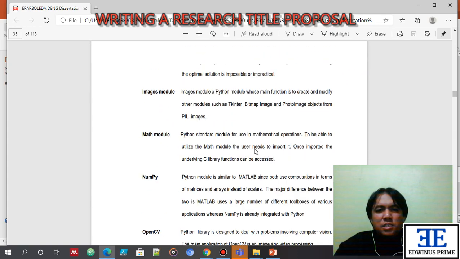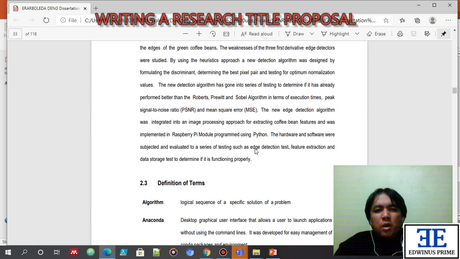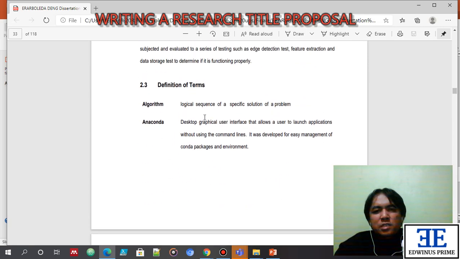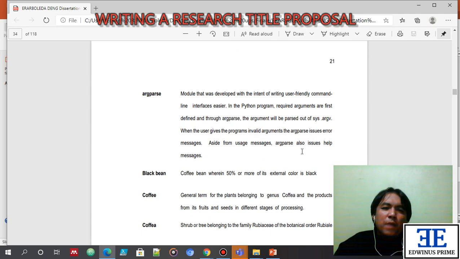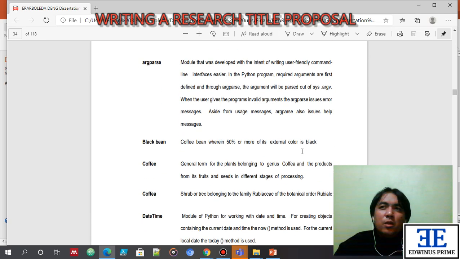Another thing is you don't copy paste this. What is defined in a web page, you don't copy paste. You rephrase it into your own words, because your manuscript will be subjected to plagiarism detection software such as Turnitin.